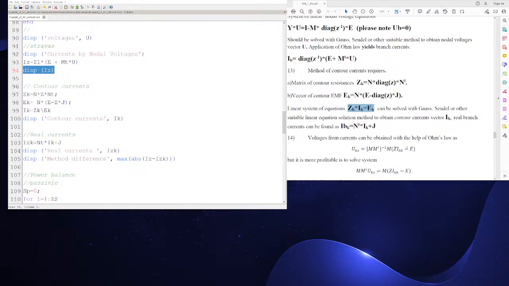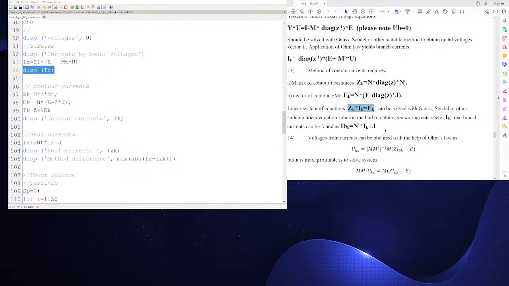If you don't remember, the idea of the contour current technique is the assumption that each independent contour has its own unique contour current in it. So the solution will give me these maybe imaginable contour currents.